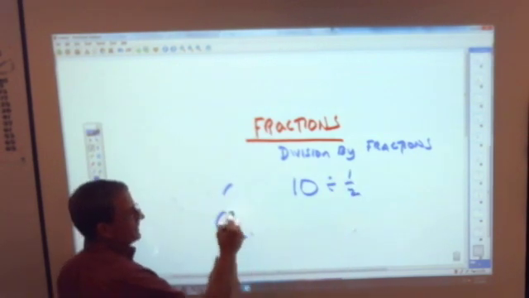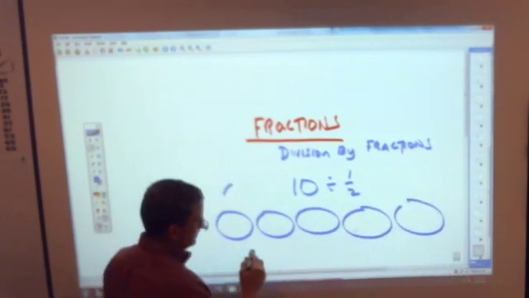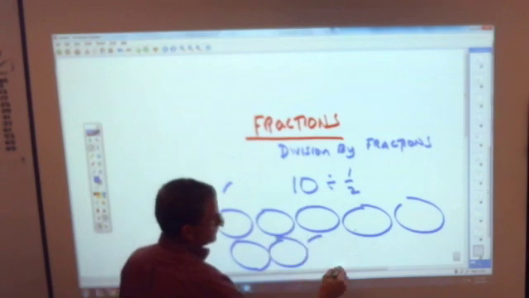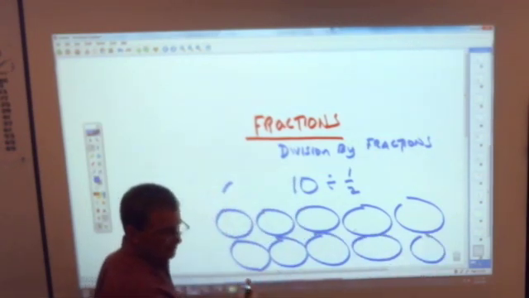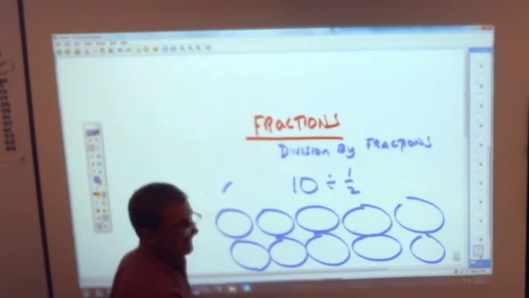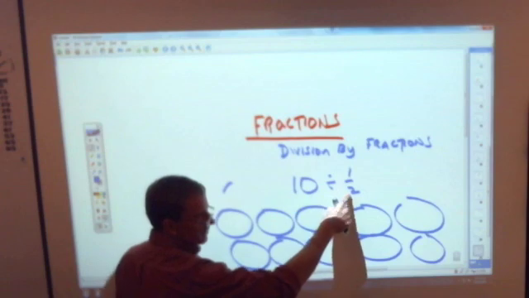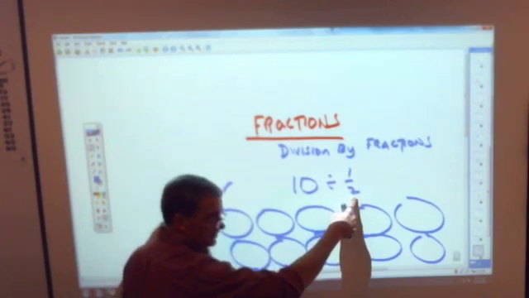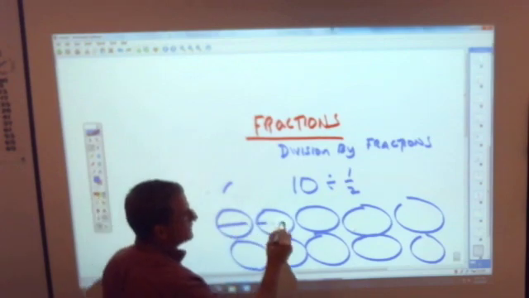Okay, what you're asking is this. Ladies and gentlemen, 10 divided by 2 is 5, so it probably stands to reason that 10 divided by half is not. What you're asking somebody when you do division is, how many halves can I get out of 10? Well, if that's the case, I need to cut all of these in half.